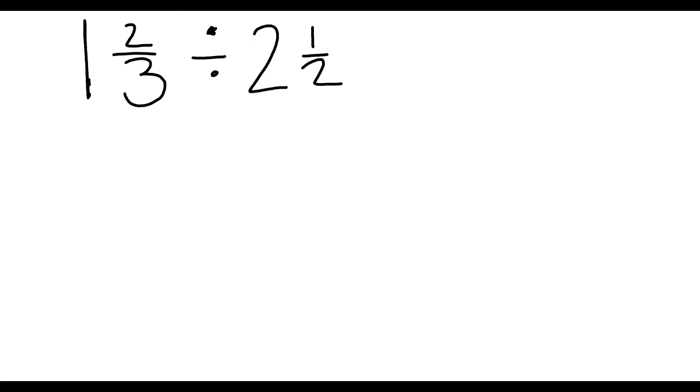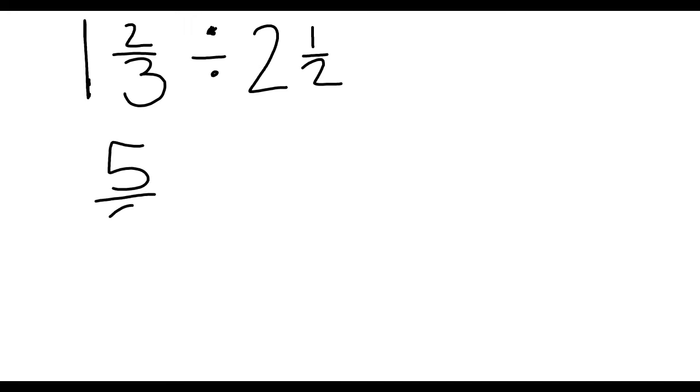If I need to solve a problem that involves mixed numbers, I'm going to change those mixed numbers into improper fractions. Again, improper fractions are much better for dealing with than mixed numbers when it comes to multiplying, dividing, adding, and subtracting. So we're going to take 3 times 1, which is 3, plus 2, which is 5.